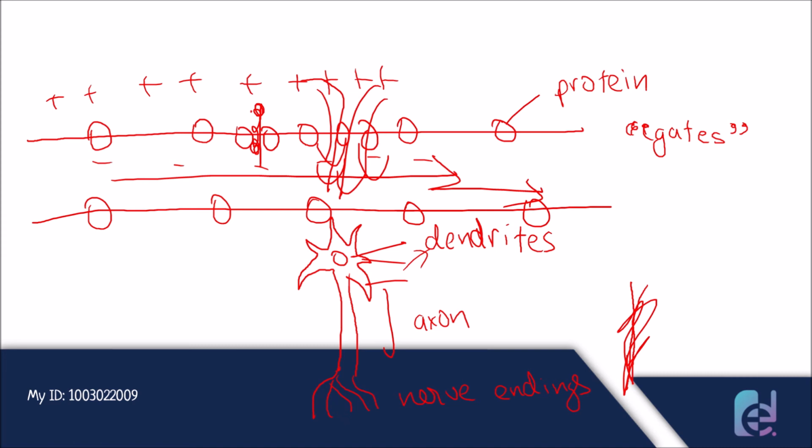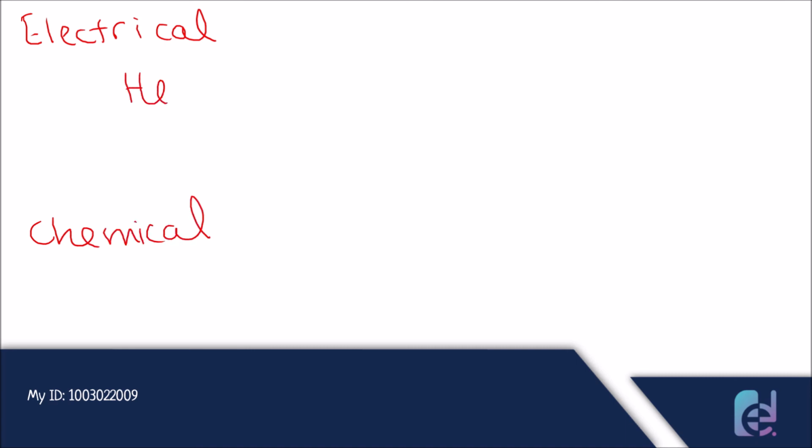So now we know how an electrical current is passed through a single neuron, but we know that multiple neurons are connected with each other. There will be hundreds of neurons connected to this one neuron. So how is this signal passed on to the others? There are two types of ways it can be passed on: electrical and chemical. Electrical is mainly seen only in the heart.